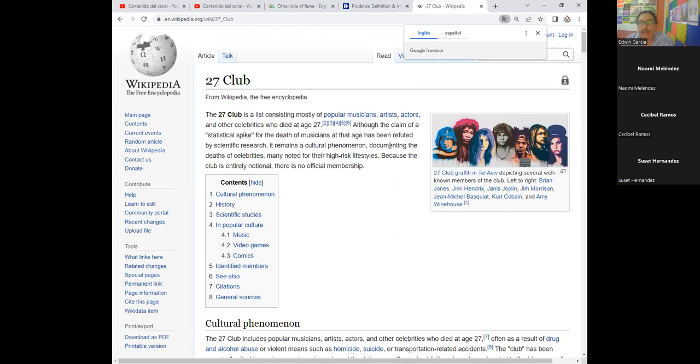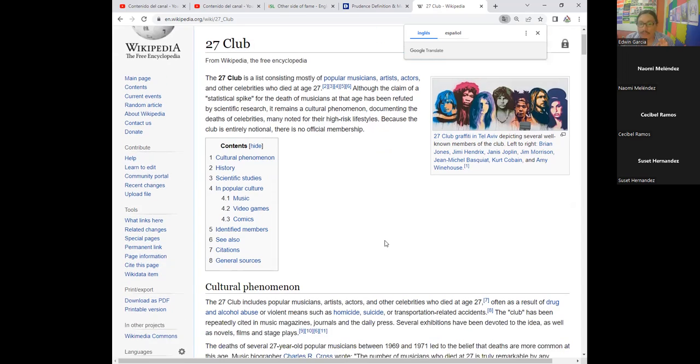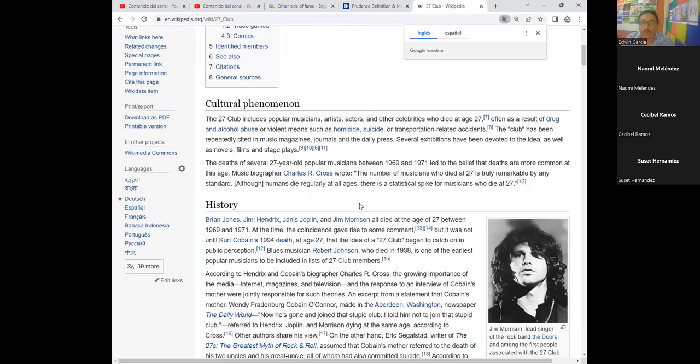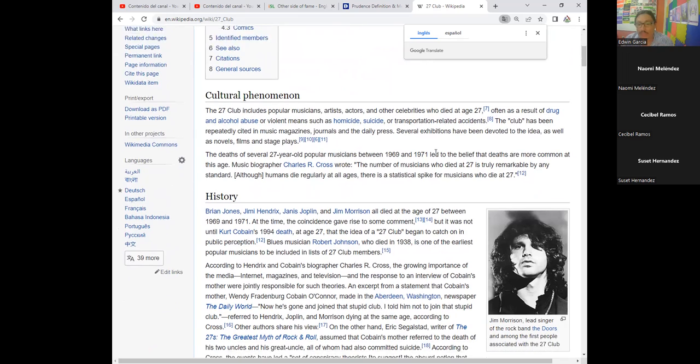All these famous people have in common that they passed away at 27 and they were famous, and it's called the 27 Club. It is a cultural phenomenon, according to this, maybe due to the use of drugs or alcohol or other things, that they commit suicide, or maybe another thing.